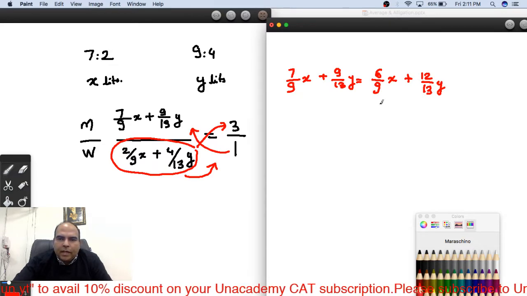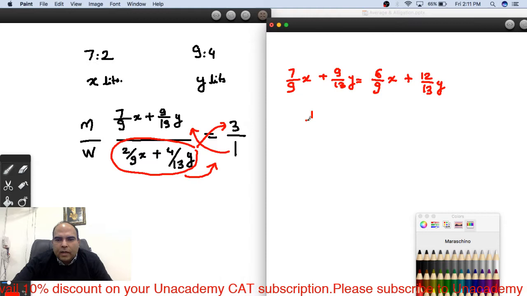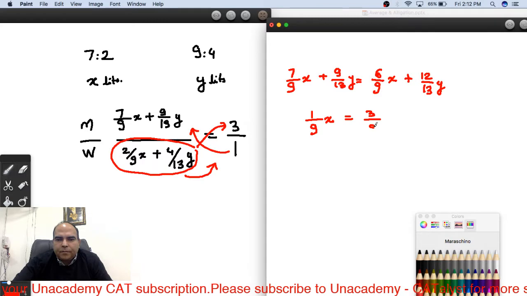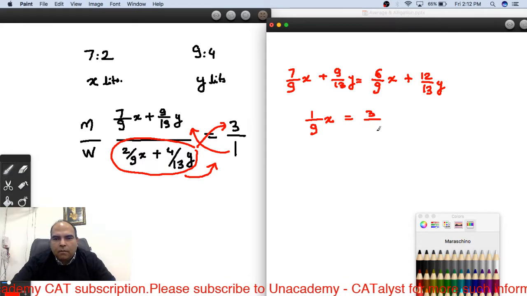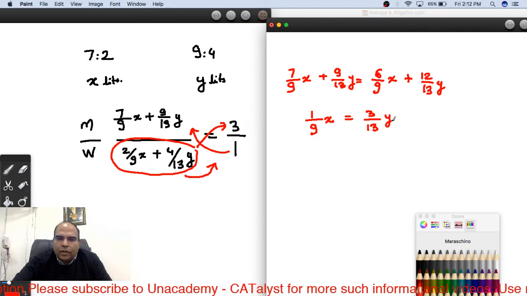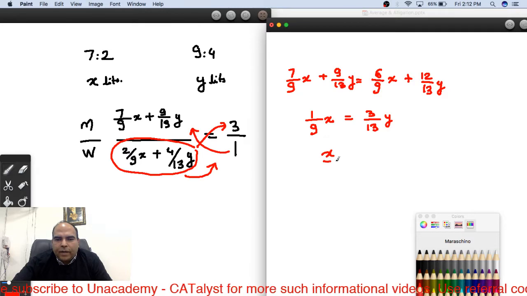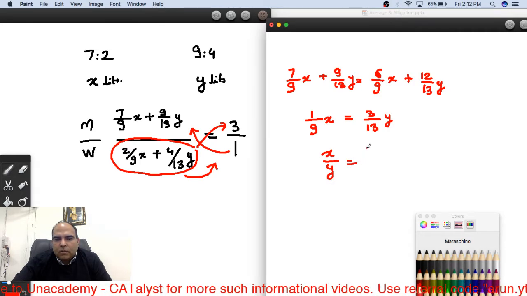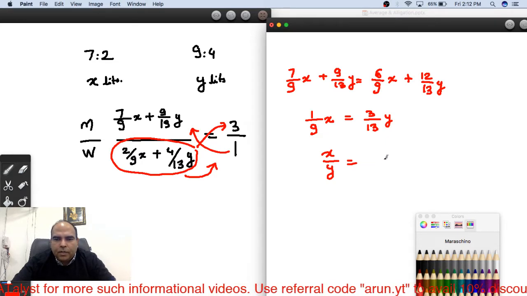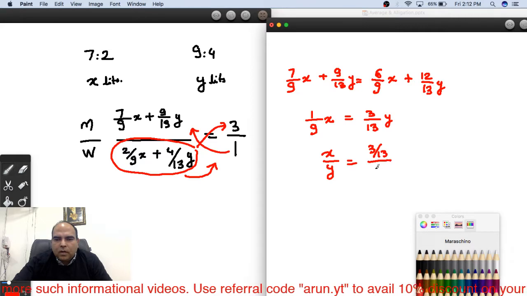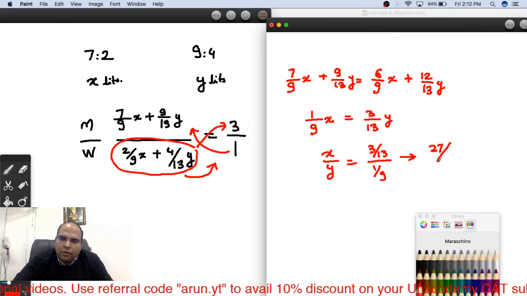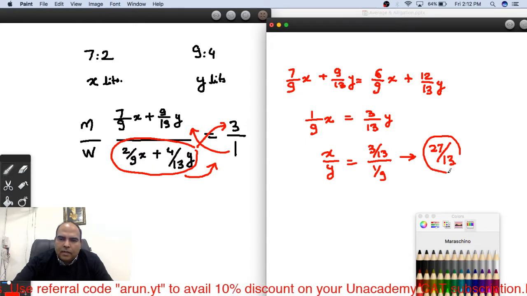Now if I take the x on one side and the y on the other side, I'll get 1/9 x on this side and 3/13 y on that side. So the x by y ratio will be 3/13 divided by 1/9, and if I reconvert this, it will be 27/13, and that's the answer.